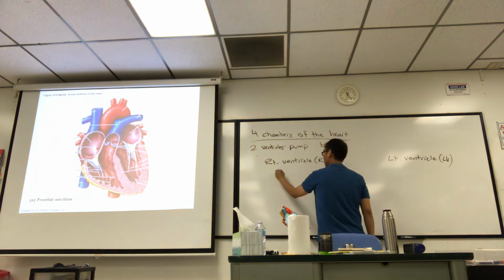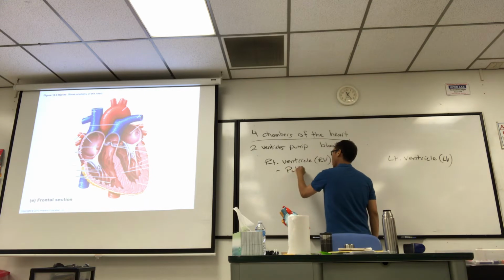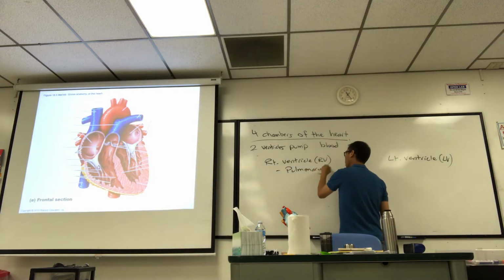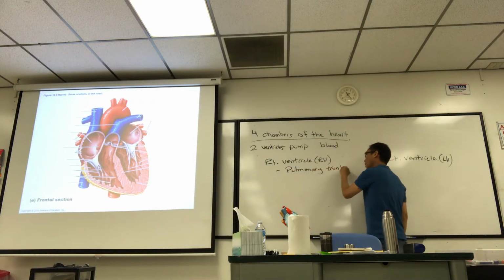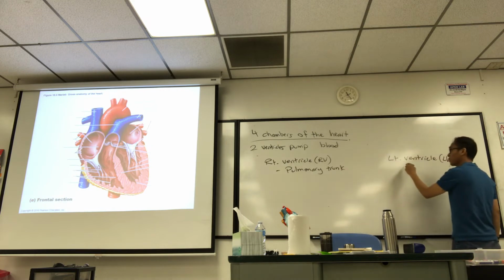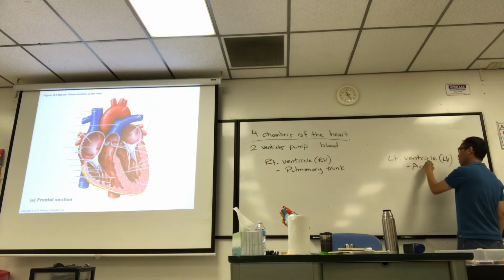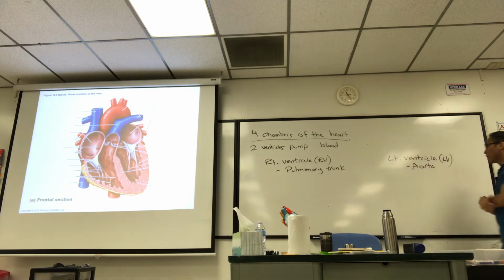So the pulmonary trunk is an artery. The right ventricle pumps blood into it. On the left ventricle, it's the aorta, the main systemic artery that will distribute blood to the whole body, the aorta. That's what the left ventricle pumps blood into. So these are both the big arteries.